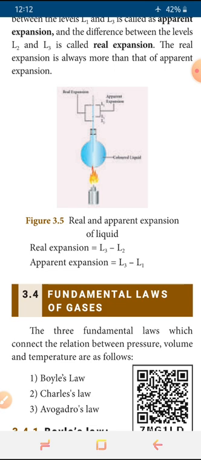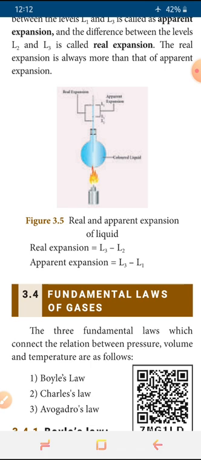Again, we continuously heat. Now the expansion happens in the liquid. Due to the expansion, the liquid level increases up to L3, and the difference between L3 and L2 is called real expansion, and the difference between L3 and L1 is called apparent expansion. So what is L1?